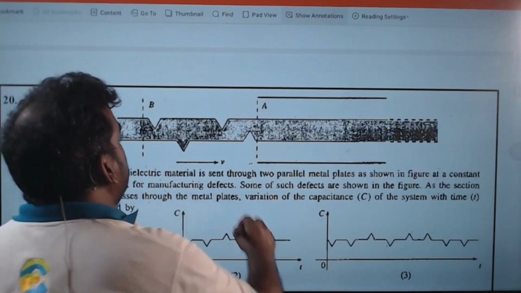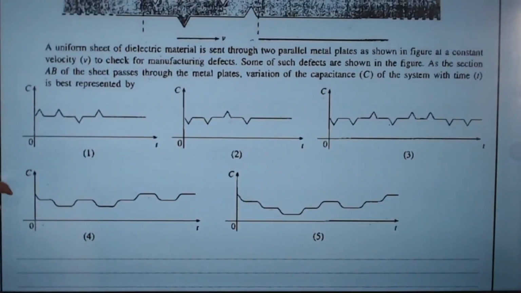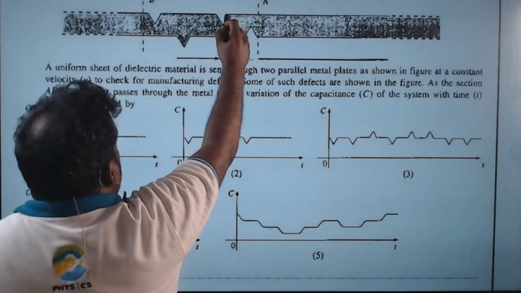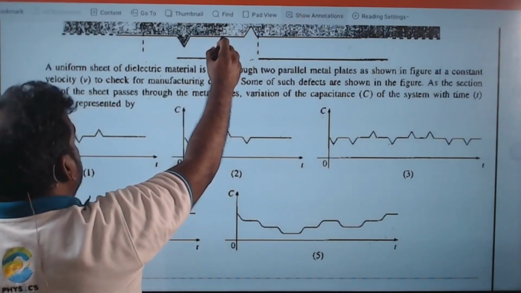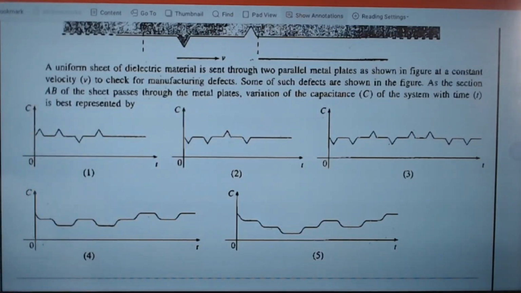So now when this starts moving in, thickness reduces, capacitance will reduce. Again thickness increases, capacitance will increase. Then constant. Thickness reduces, capacitance increases.